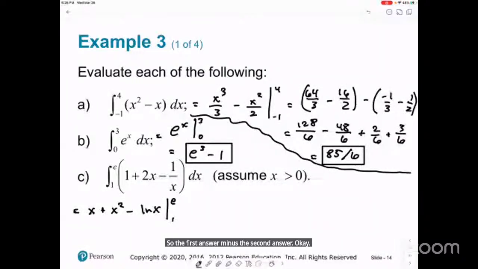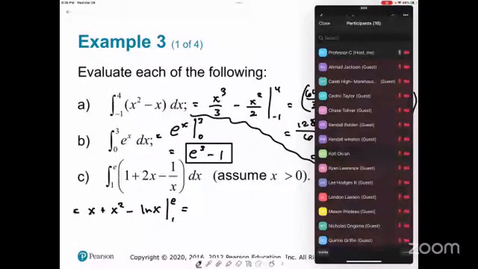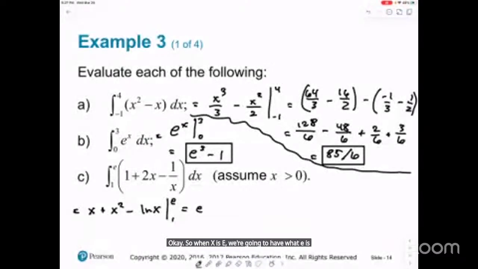Okay, let's keep going. So that's going to give us, hang on. Okay. So when x is e, we're going to have what? e plus e squared.